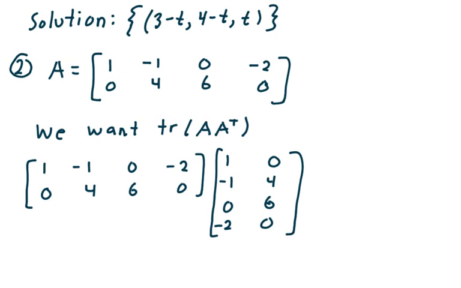Let's make sure we see what we're expecting here. We have a 2 by 4 matrix and a 4 by 2 matrix. When we multiply these two matrices together, we should come up with a 2 by 2 matrix.